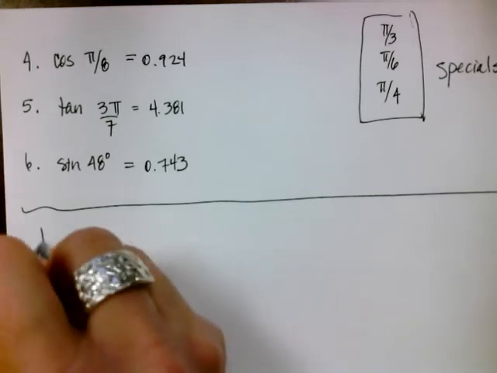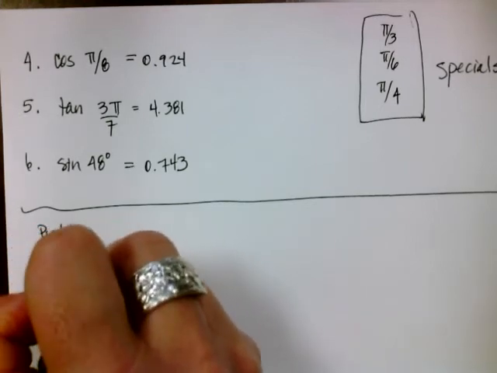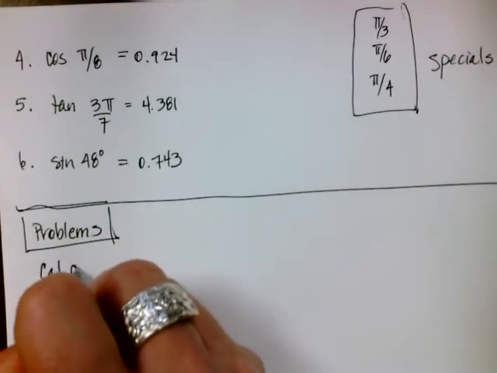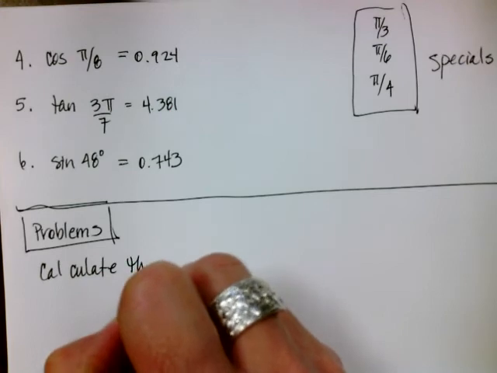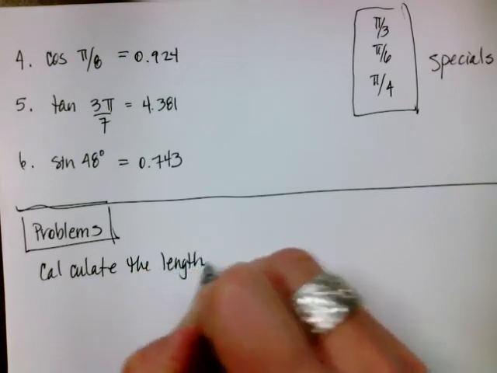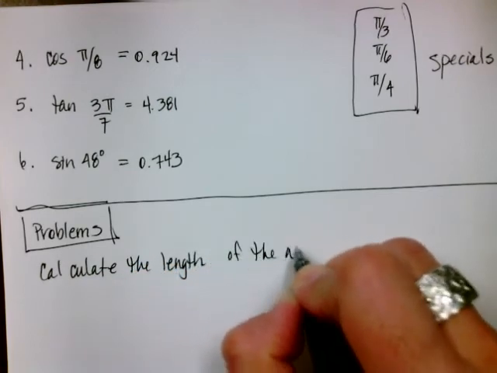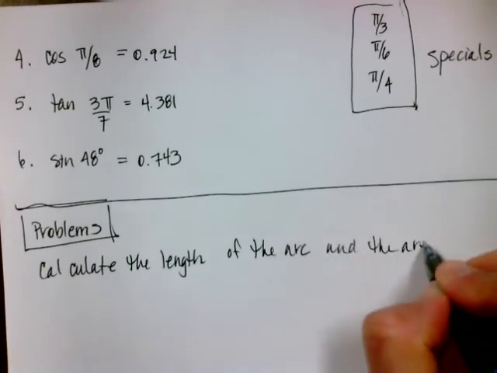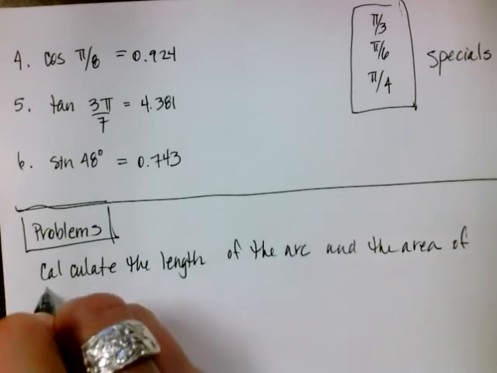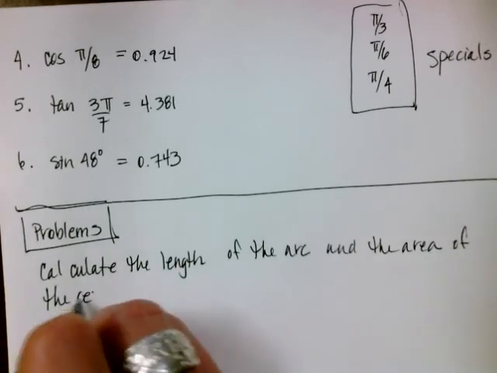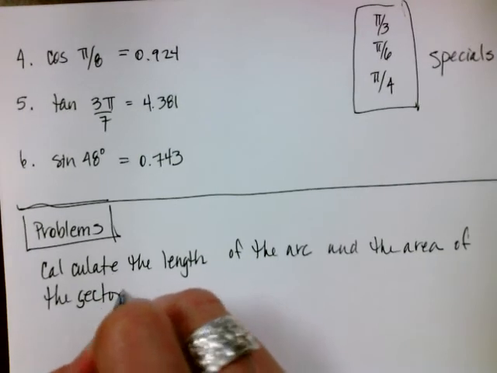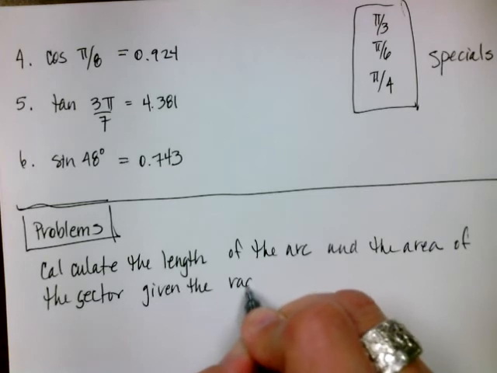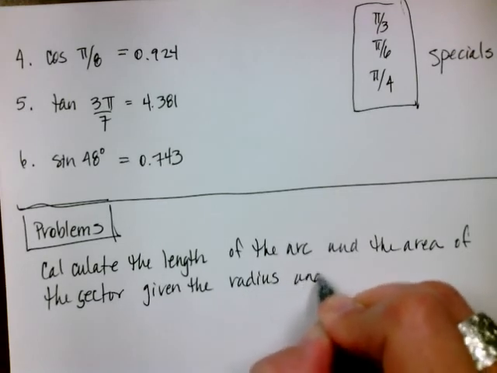All right, now let me give you your problems. Okay, the first set say to calculate the length of the arc and the area of the sector, oops, that's supposed to be an S, of the sector given the radius and theta.